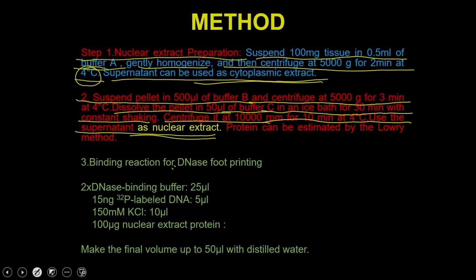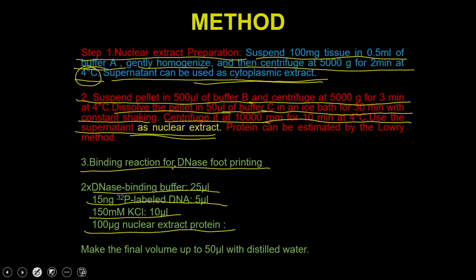Then you have to use the binding reaction buffers. The binding reaction for DNase is DNase binding buffer 25 microliter. Then you require the labeled DNA 5 microliter, KCl, and then you add the nuclear extracts, and make up the volume to 50 microliter with distilled water.